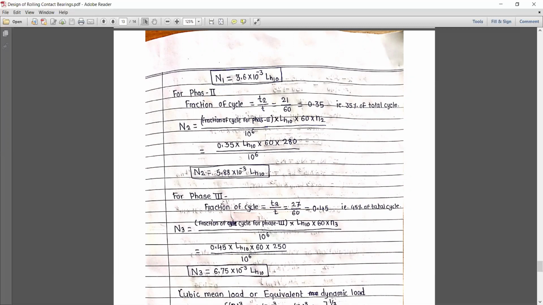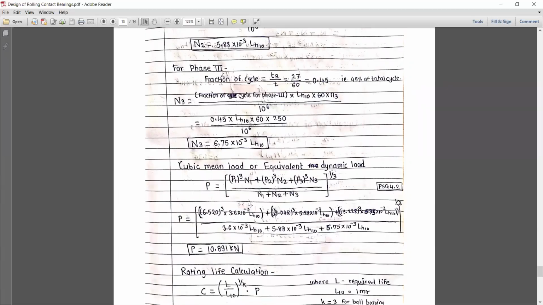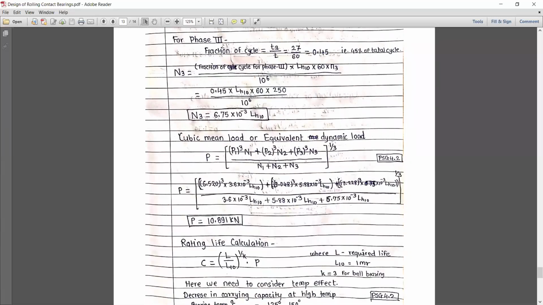And for the last one, phase number 3, the fraction of cycle is 45% of the total cycle. Using the similar equation and putting all the values, we get n3 is equal to 6.75 into 10 raised to minus 3 LH10.